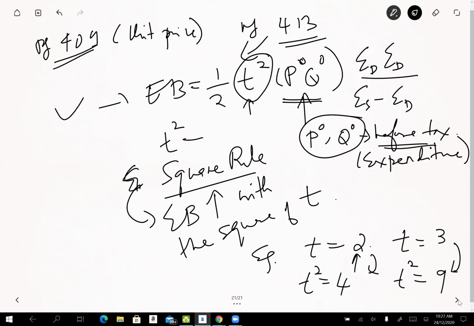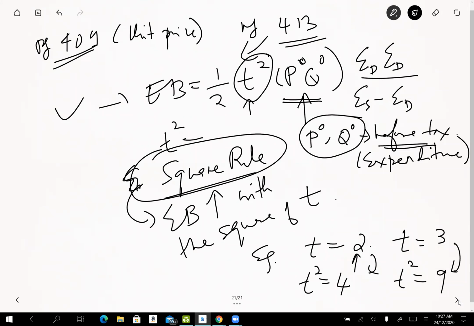It's affected by the square of the tax. So that's why you call it the square rule. In other words, the square rule means the effect of the tax on the excess burden is the square of the tax. So it's a much higher effect. Okay, all right.